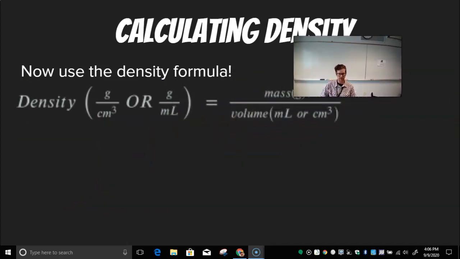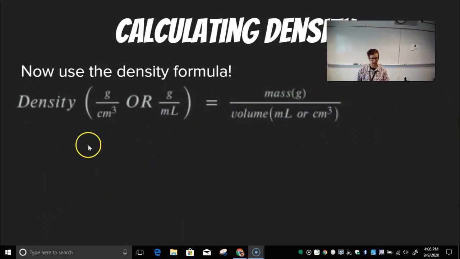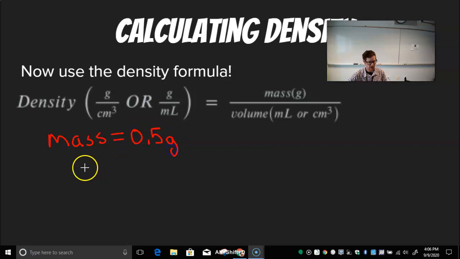So let's use the density formula to calculate the density of the bean. So again, it's mass divided by volume. So the mass of the bean was 0.5 grams, and the volume of the bean was 0.3 cubic centimeters.